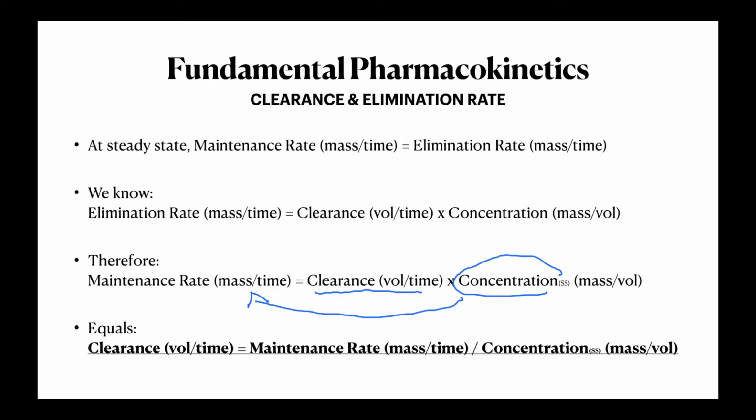This is important to know because pharmacokinetically, when they do the mathematical derivations of what the clearance is for a drug, this is how they find it out. They find out what the steady state concentration is, and then they find out what the current maintenance rate is. And by doing that and using this formula here, they're able to calculate what the clearance is.